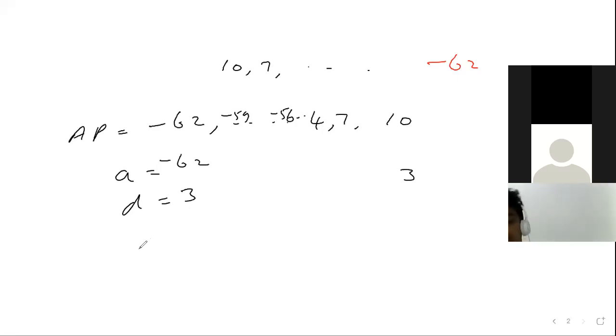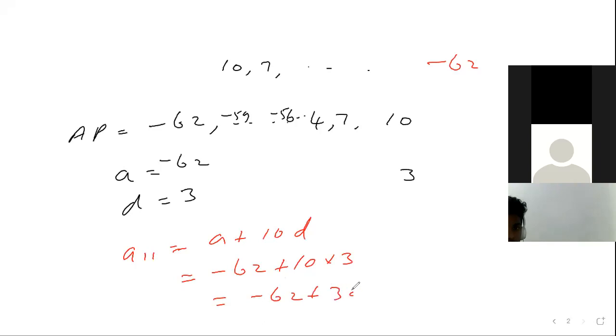I can use a plus n minus 1 into d. Find the 11th term: a11 is equal to a plus 10d. Here a is minus 62 plus 10 into d, which is 30. We got the answer: minus 62 plus 30, that is minus 32.